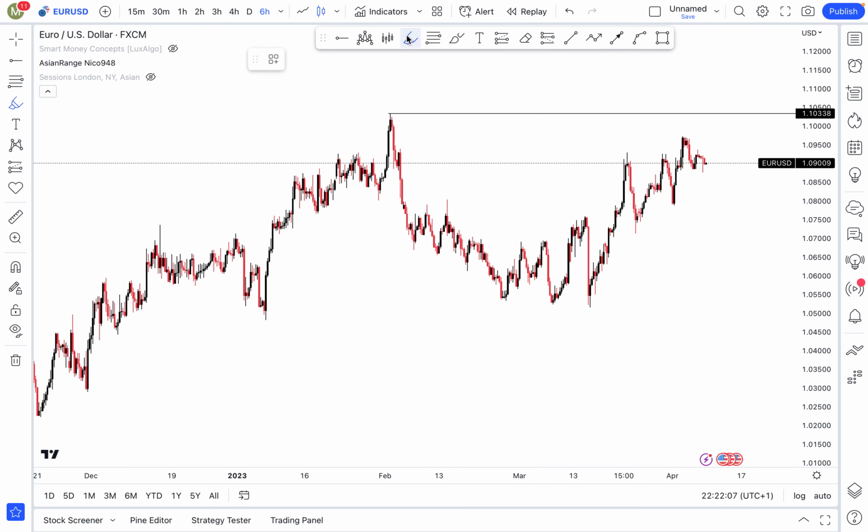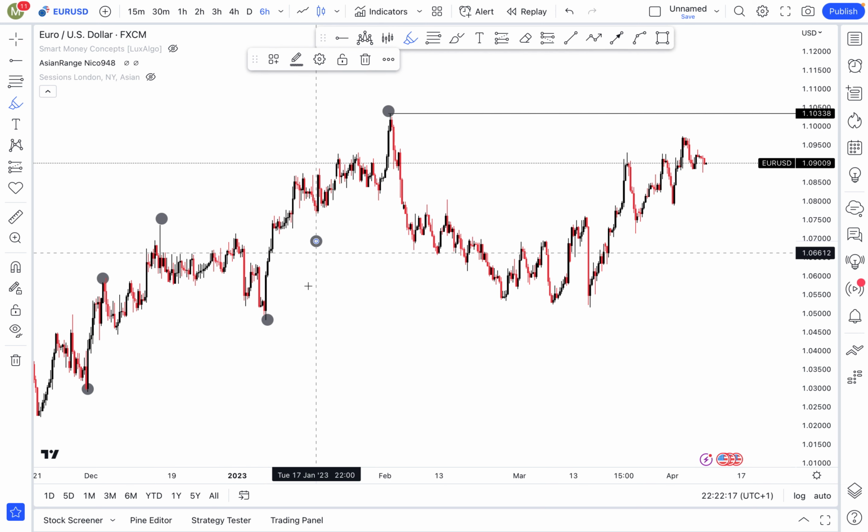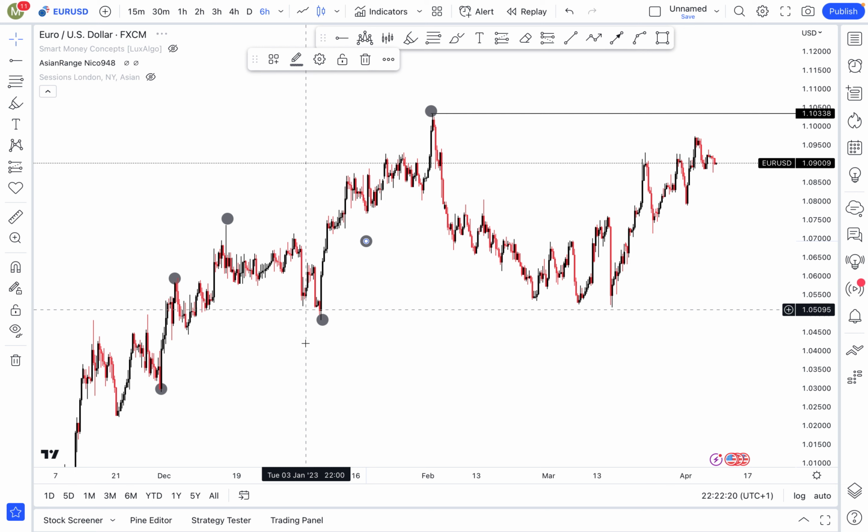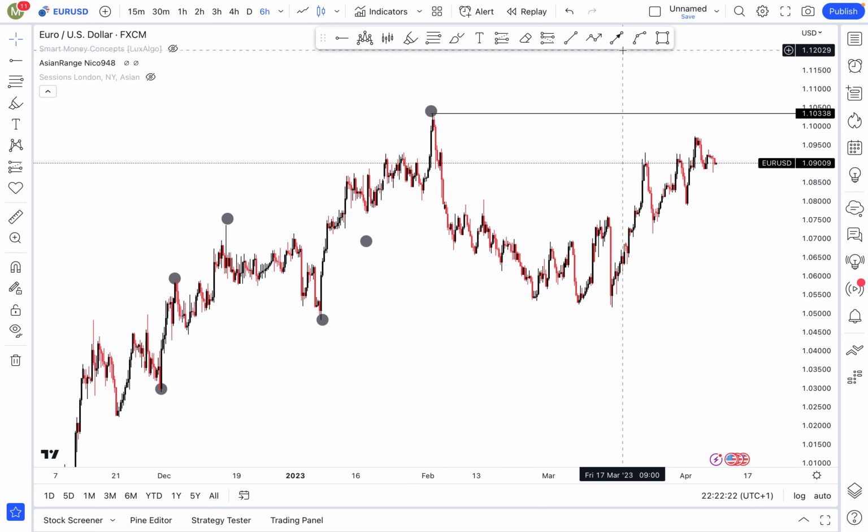We have this low here, high, high, high, high. So now, where are we currently?